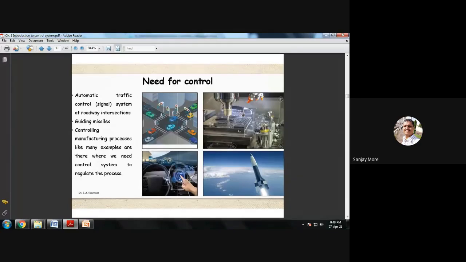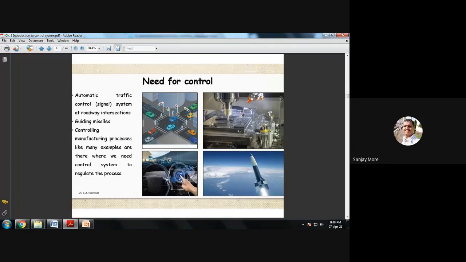Okay. The second diagram displays the vehicle control system. In current research, the Tesla vehicle is totally based on IoT, means Internet of Things. Totally automation is there.